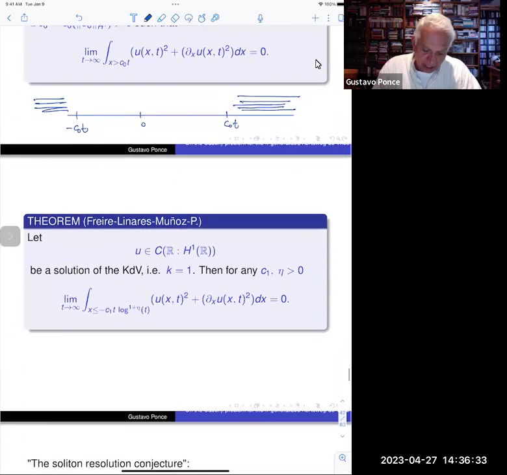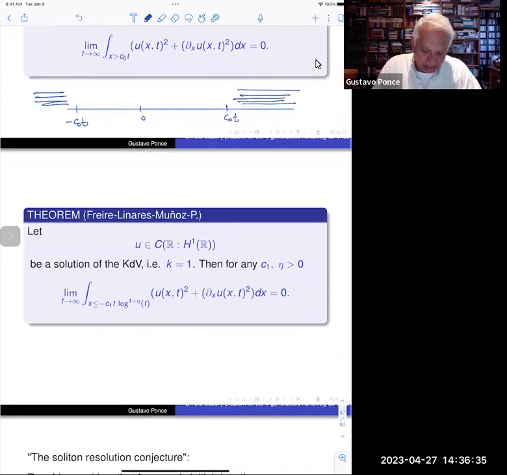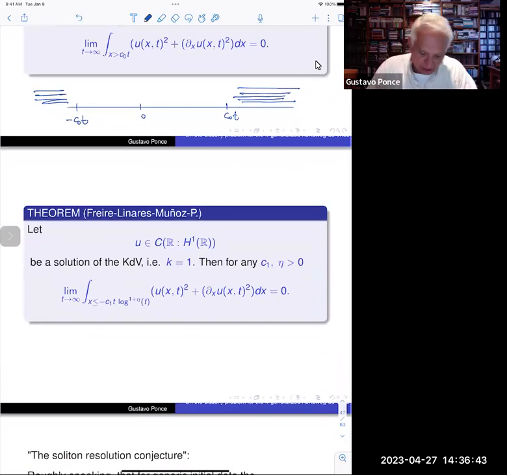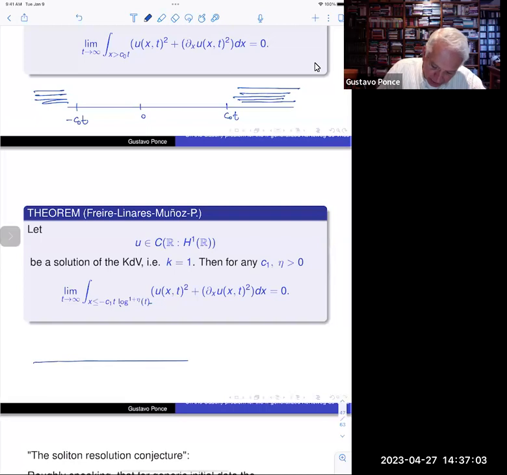Well, with Frey, Linares, and Munoz, this year we proved that for the KdV, if you go to the other side, you go to the left, for any constant, if you take a power more than 1 of the log and multiply by t, and you put any constant here, you don't see anything either there. That means, okay, what is the L2 norm? Well, C0 t, you have nothing here.